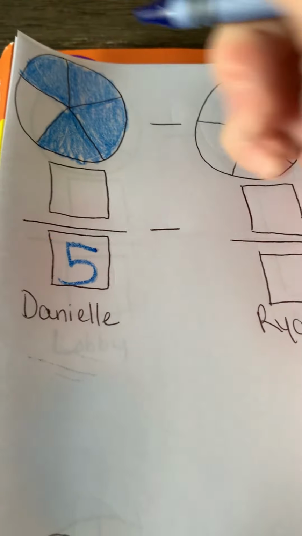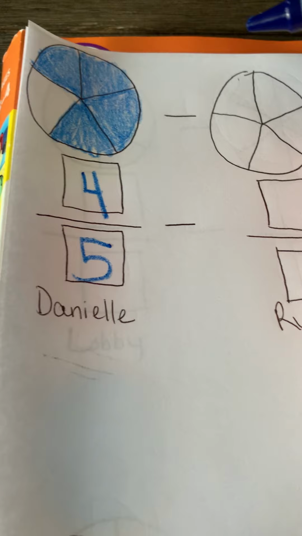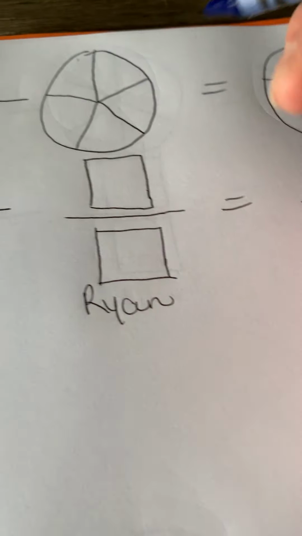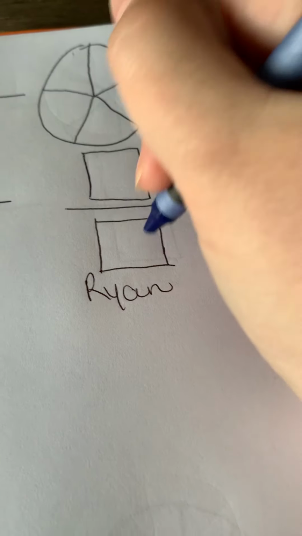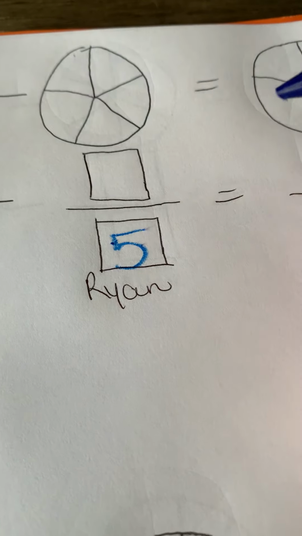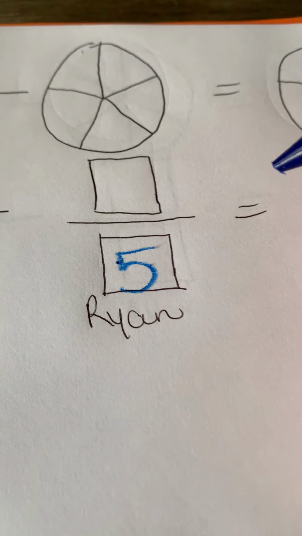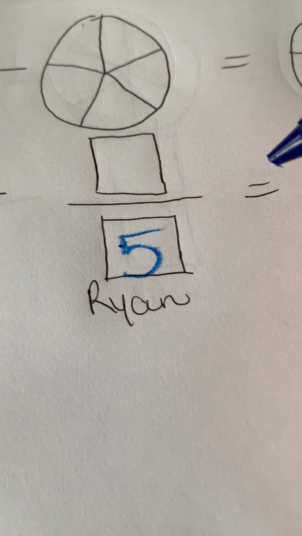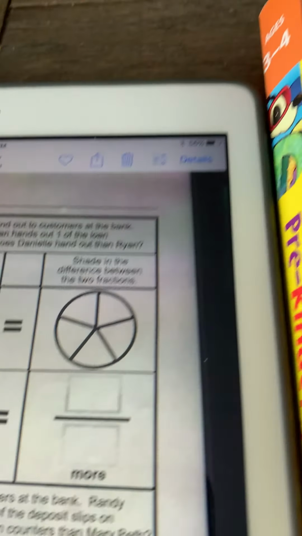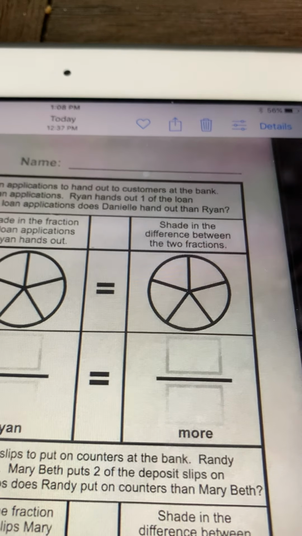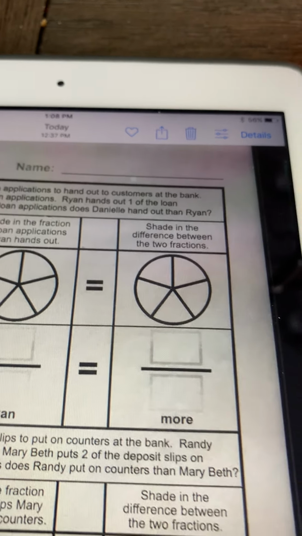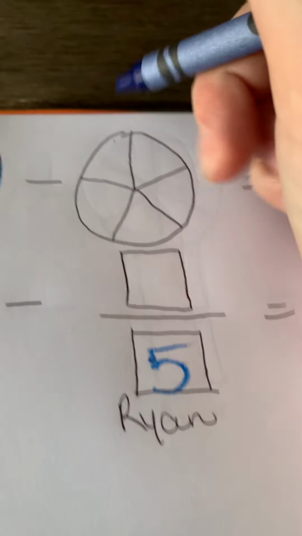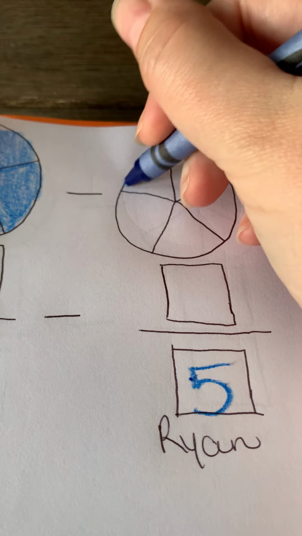Okay, and we're also going to write a 4 in the box. Okay, and then off to Ryan. Well, we already know that we have a total of 5. So we're going to put a 5 in the box. And now we have to find out how many of the loan applications Ryan hands out. And it looks like Ryan hands out 1 of the loan applications. So we're only going to color in 1 pie slice.